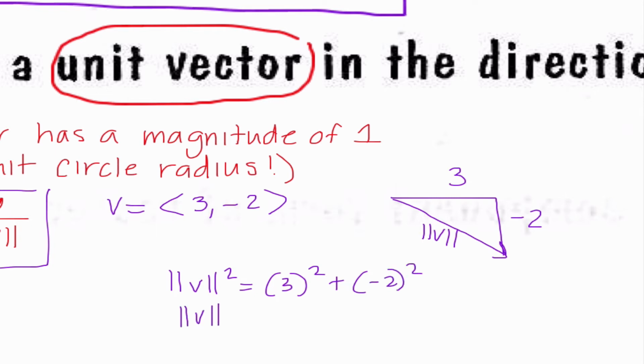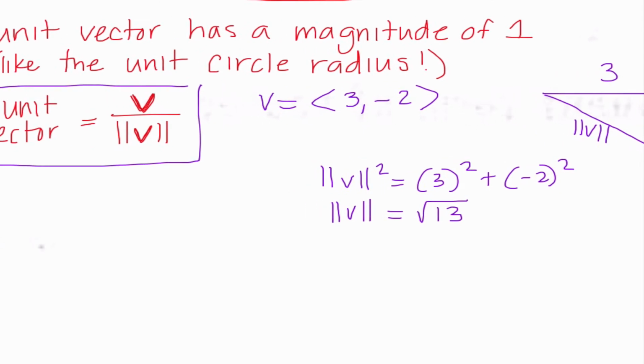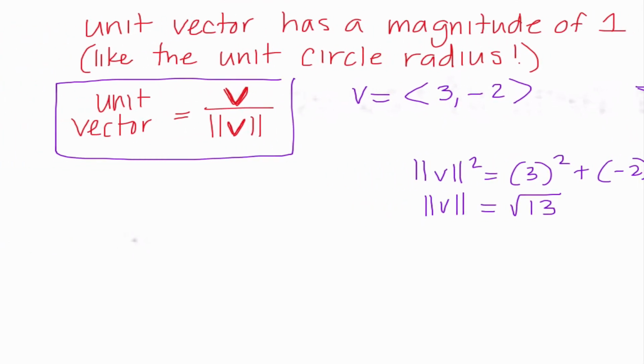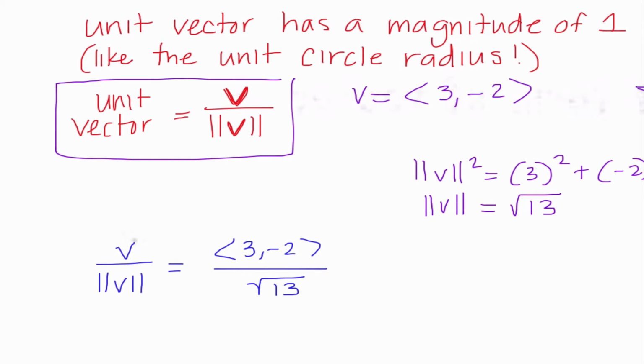So I get that the magnitude of v is equal to radical 13. And unfortunately, we really cannot simplify radical 13 at all. So now I need to do the vector divided by the magnitude. Our vector is ⟨3, -2⟩, and I'm dividing by a magnitude of radical 13.